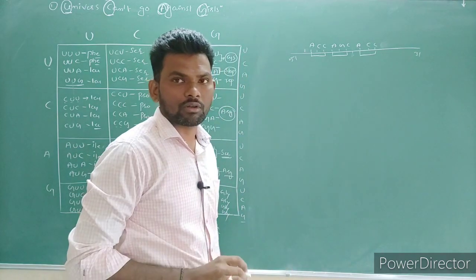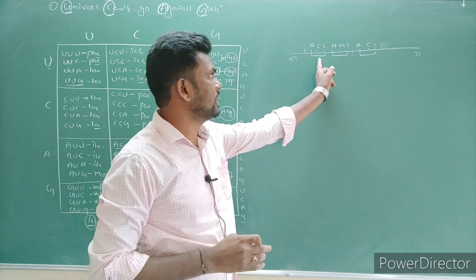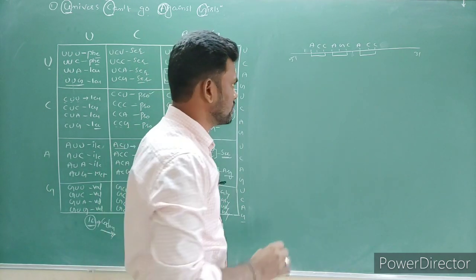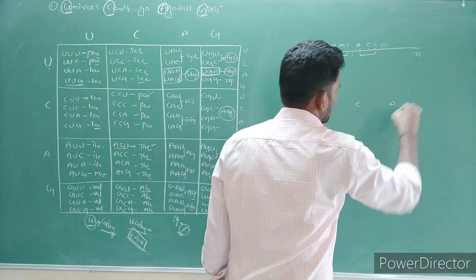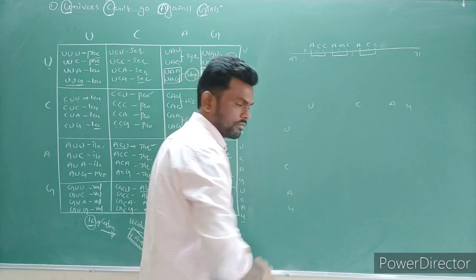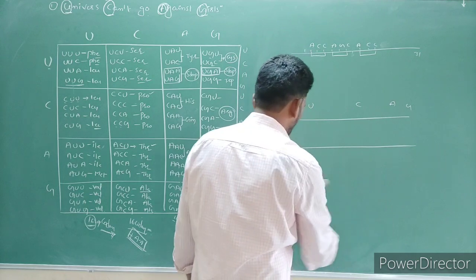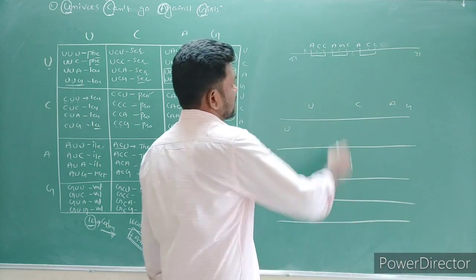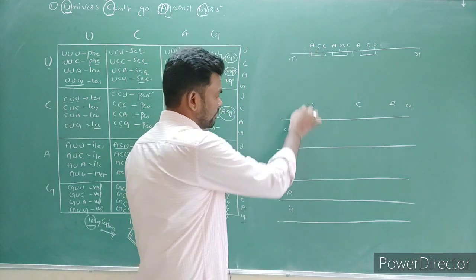What you have to find out is what type of polypeptide chain is formed on this mRNA. Simple. First you have to draw this U, C, A, G. Right? And within 1 minute you have to solve this question. Next, ACC. Where is the ACC formed?